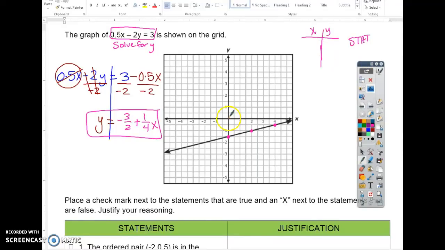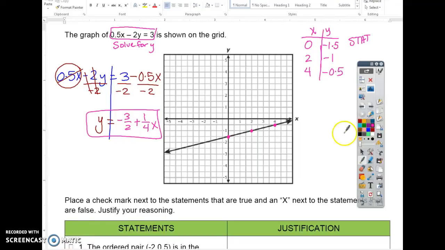The points are 0, negative 1.5. This is 2, negative 1, and this is 4, negative 0.5.